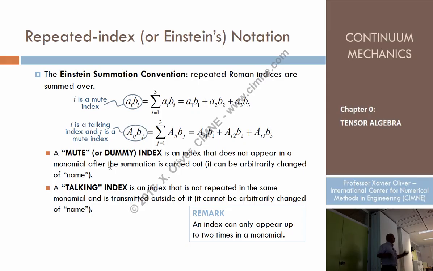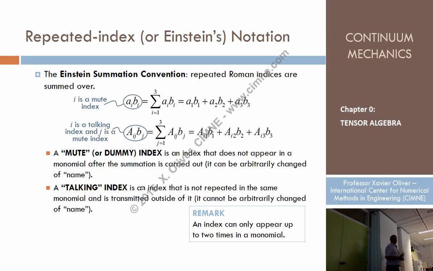Because k would vary from 1, 2, and 3, and the result here would be the same. So k, or j here, which is repeated, is called mute, because in the final expression, it doesn't appear. But what about i? I here appears, because there is nothing that specifies what I am talking of.